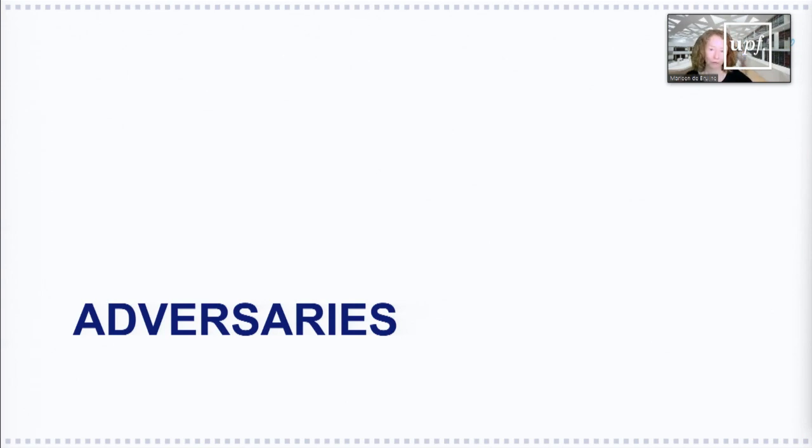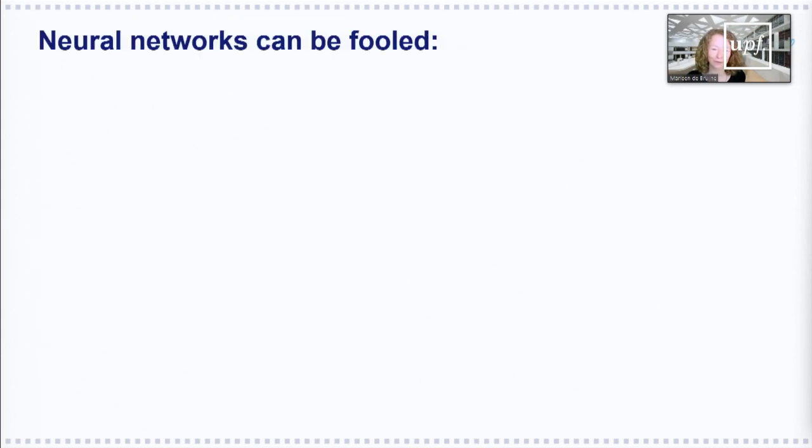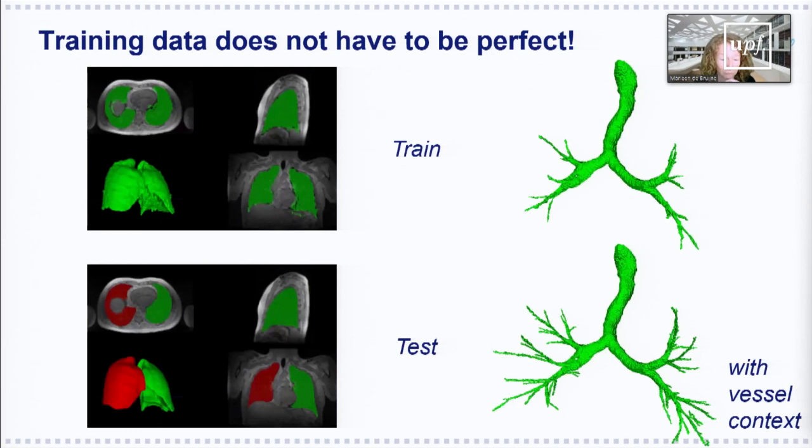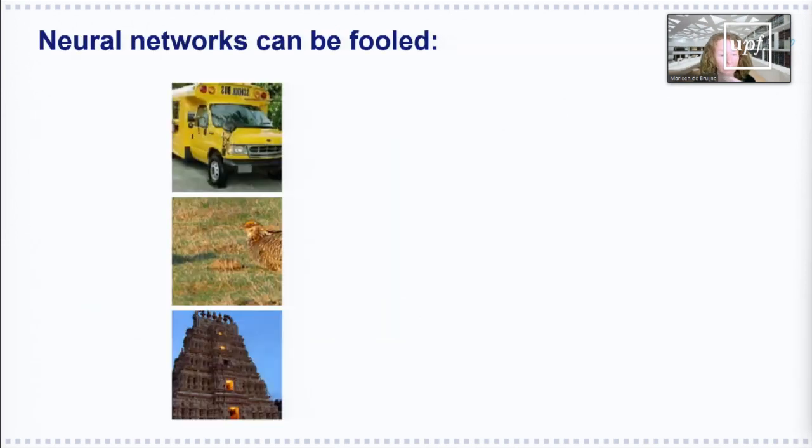Finally, I wanted to show you a little bit of this topic as well, adversarial attacks, but I'll try to keep it brief to also have enough time for the discussion. It's well known that neural networks can be fooled. Here you see an example of that. You see 3 different images that were all correctly classified, correctly recognized by a model.